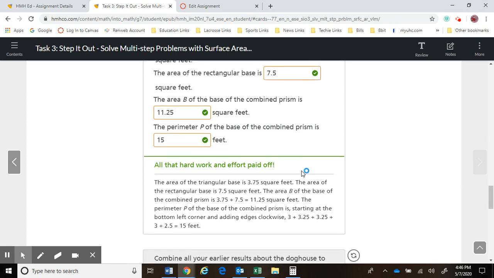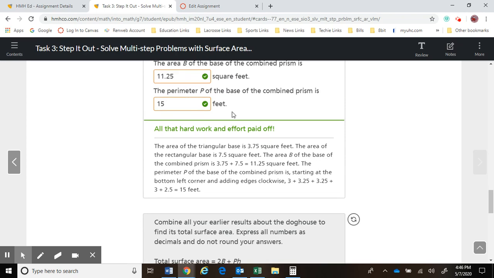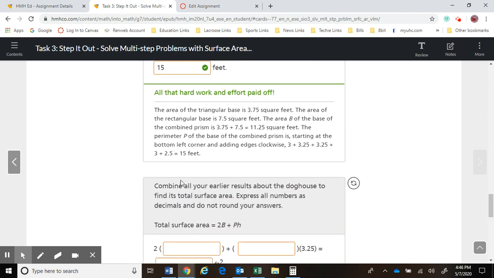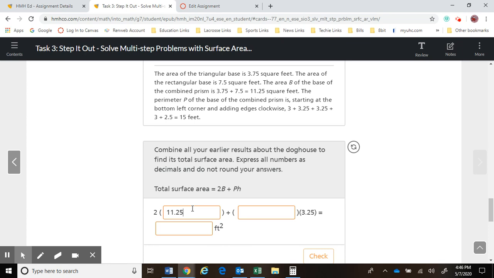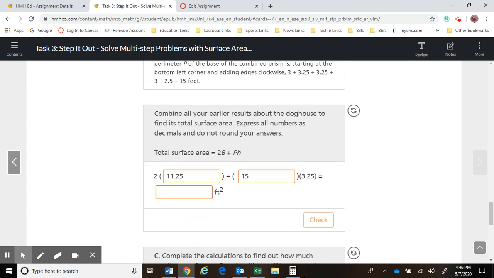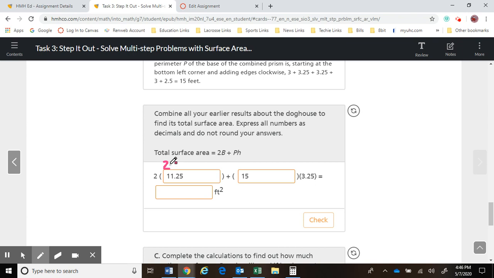Now we're going to take this information and put it into the next one, because this is going to find me the total surface area. So 2 times the area of the base, which for the triangle and the rectangular prism was 11.25, and the perimeter was 15. So now we've got to do all the math here. First, 2 times 11.25 is going to give us 22.5.